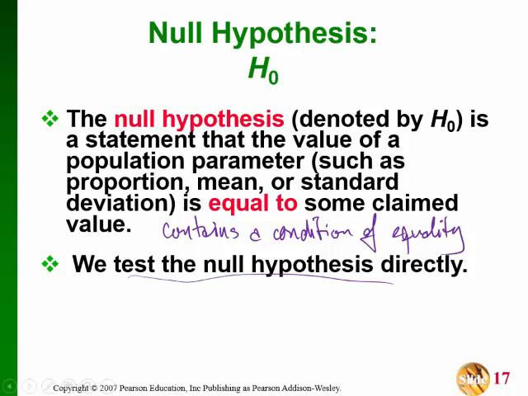So we either reject it or we don't. Okay? So that's the story behind the null hypothesis. But again, the thing I want you to remember is that the null hypothesis contains a condition of equality.